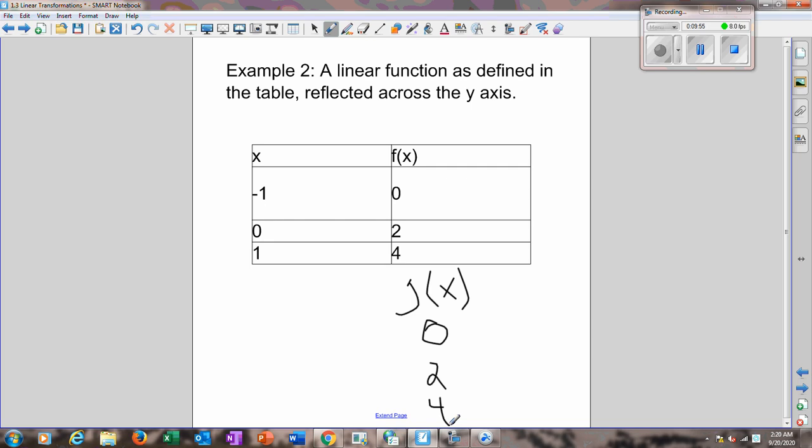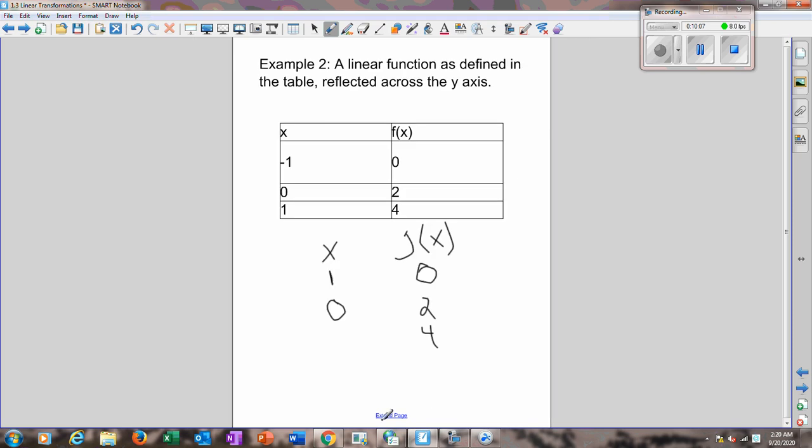Our x's are what's going to change. The negative 1 is now going to flip, and that's going to become a positive 1. Our 0 stays 0 because you can't make a positive 0 or a negative 0. 0 just doesn't work like that. And then the 1 is going to become a negative 1.